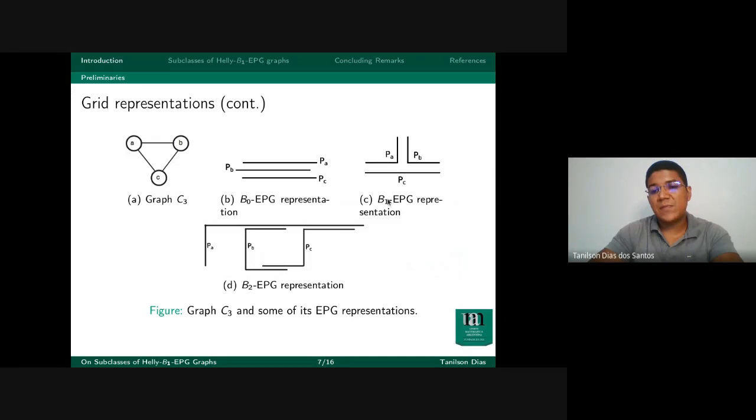In letter C, the same occurs. In the other hand, in letter B, we have a set of paths where there is a common edge among these paths. Therefore, this is a Helly-B1-EPG representation for the graph C3.